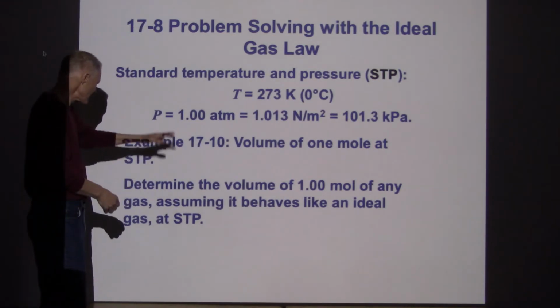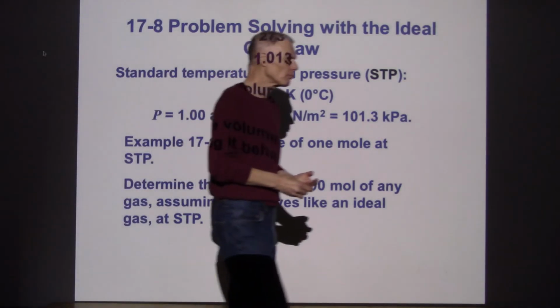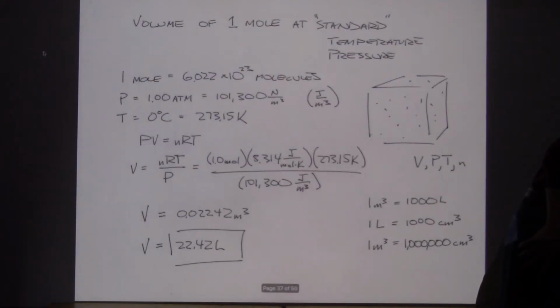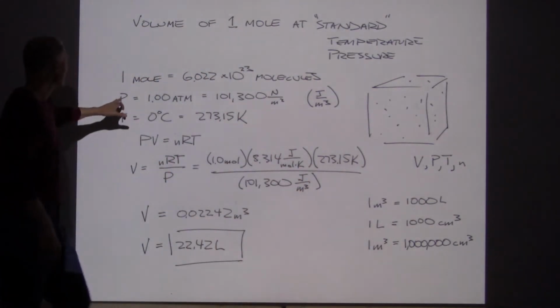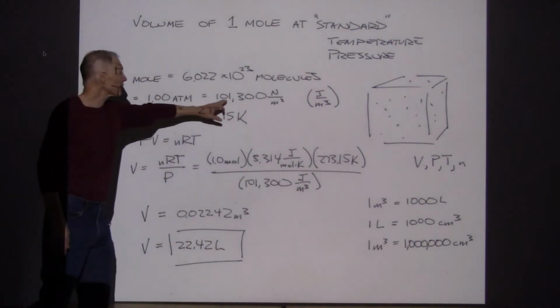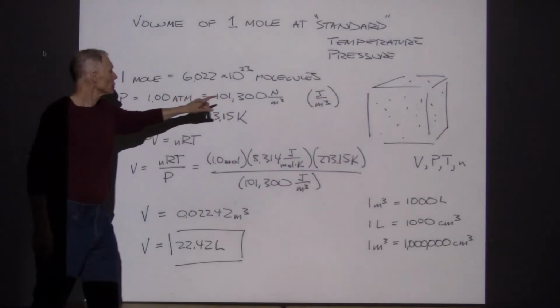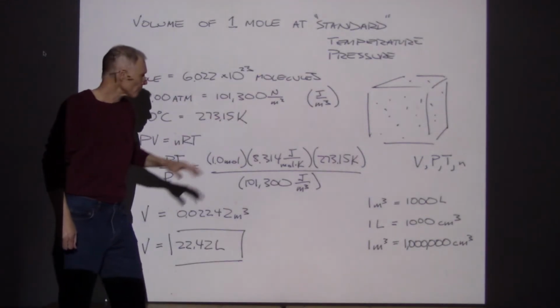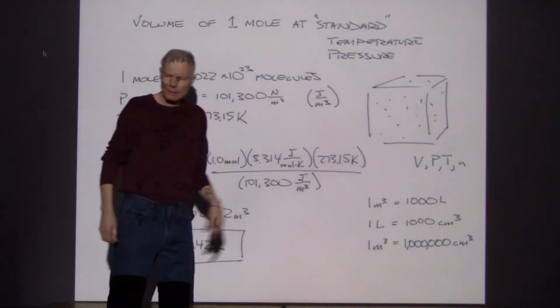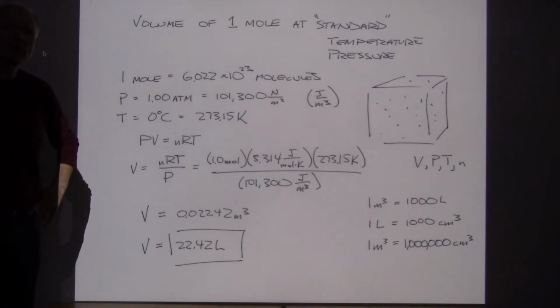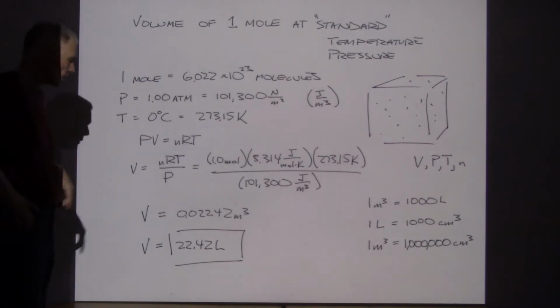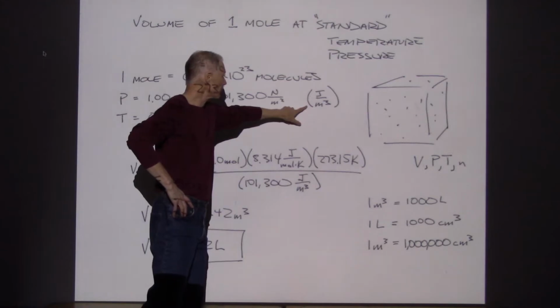Now what this says is figure out the volume of 1 mole. And so I did do that. What I did was I took standard pressure, 1 atmosphere, and converted that into pascals. So 101,300. Now, back in Physics 4A, when we talked about this, we pointed out that units for pressure can also be written as joules per cubic meter.